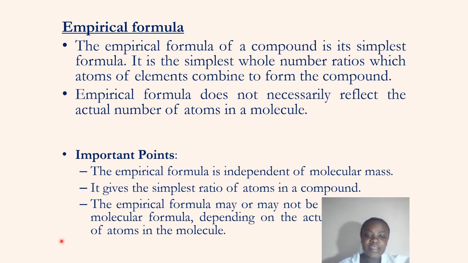It may or may not be the same as the molecular formula, depending on the actual arrangement of the atoms in the molecule. So the molecular formula is not necessarily the same as the empirical formula, although at times the two are the same for a particular compound.